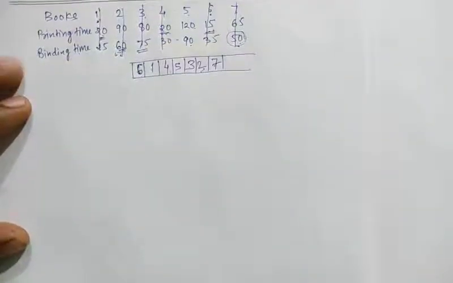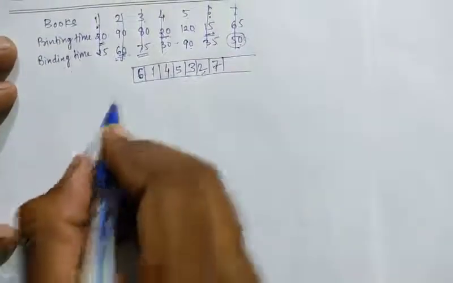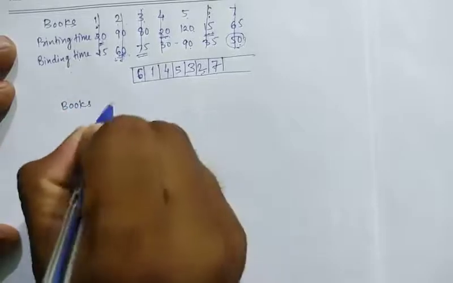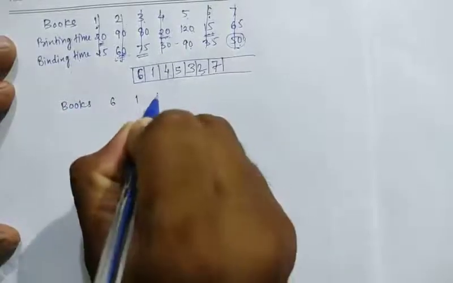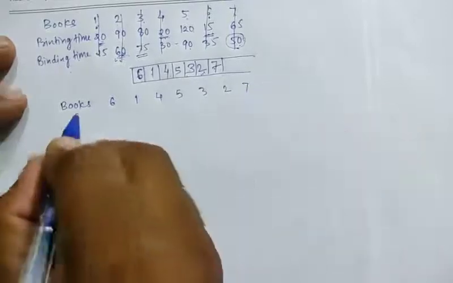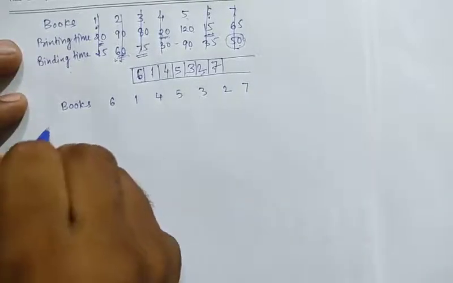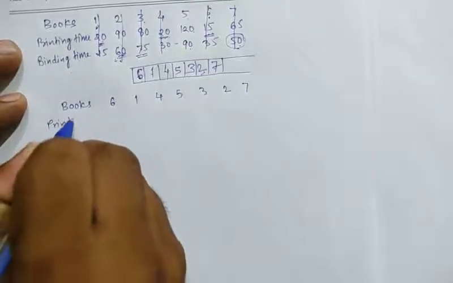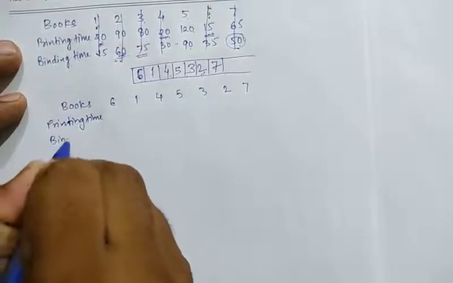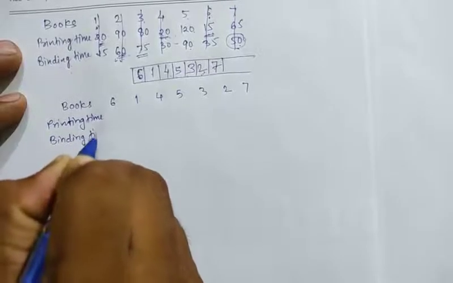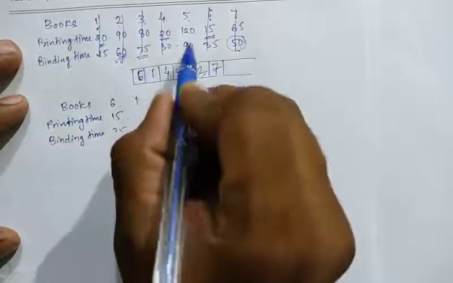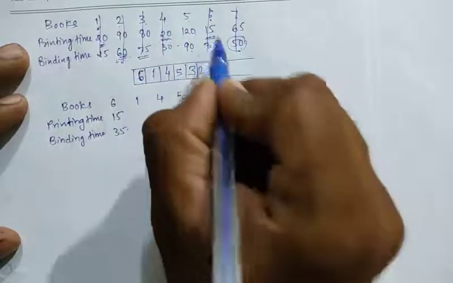Now we write this given sequence like this. Here these are the books. So 6 1 4 5 3 2 7 and its printing time, and here is binding time. Therefore for sixth job we get 15 and 35.